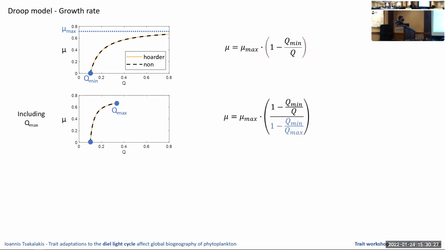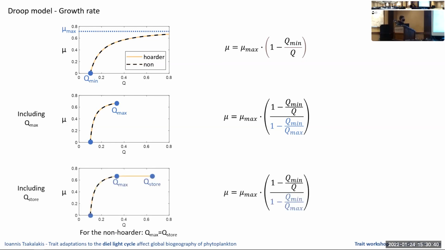So if we want to stop them growing after Qmax, we need to add this term here, where when Q approaches Qmax, it reaches the peak of growth rate. And if we want to include the Q storage in this growth rate function of the model, we don't need to change this equation.